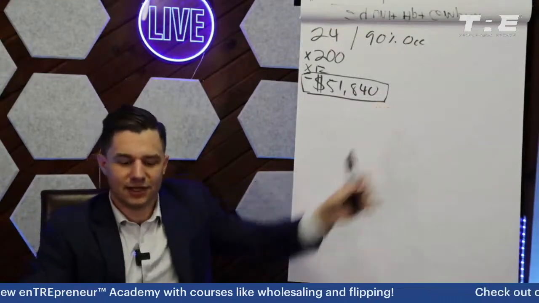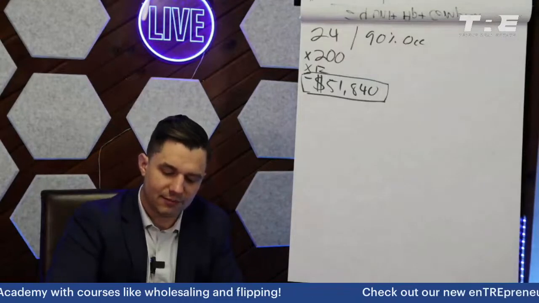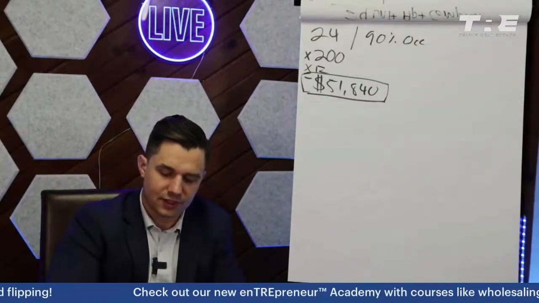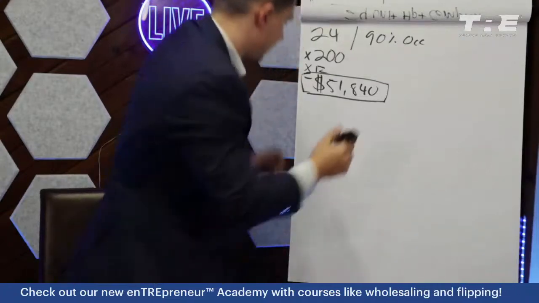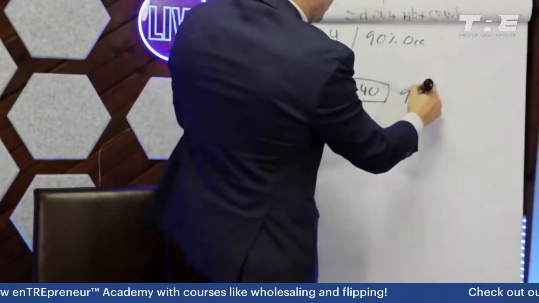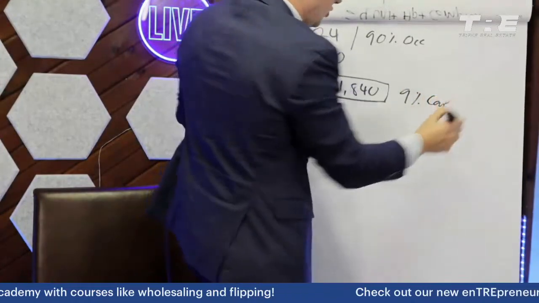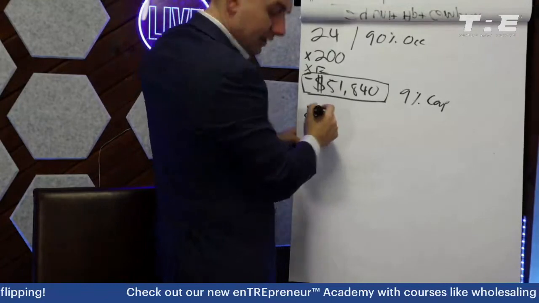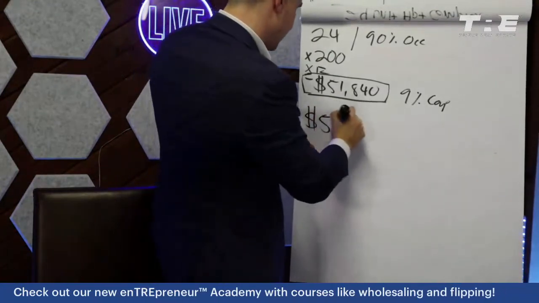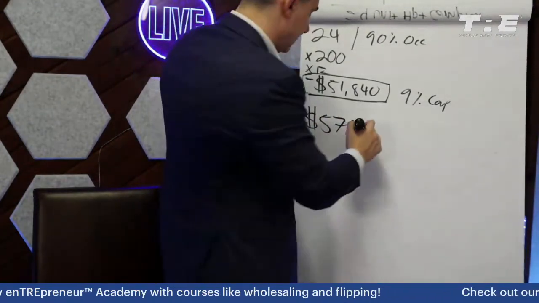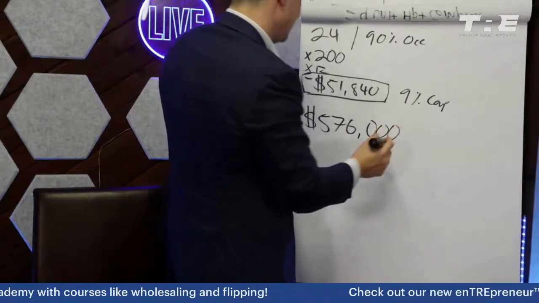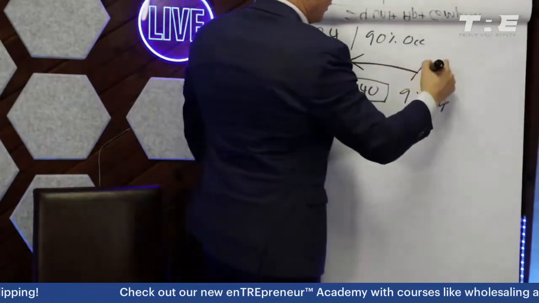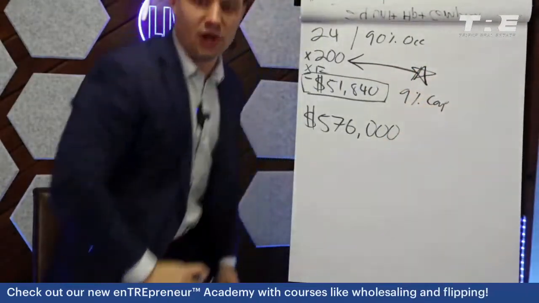So 51,840 divided by a 9 cap, so divided by 0.09, even if we sold it at a 9% cap rate, which we wouldn't do, we just created an extra $576,000 worth of value by raising rents $200, and that's it. All we did is raise rents $200.